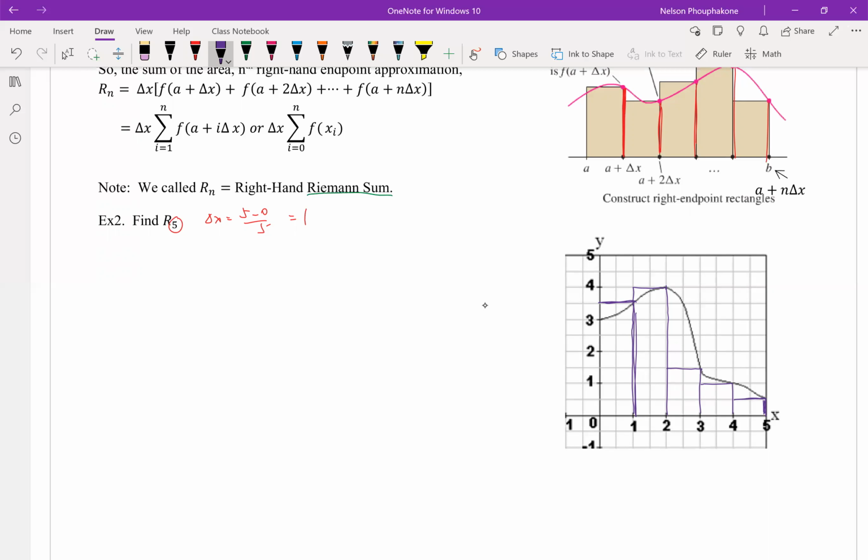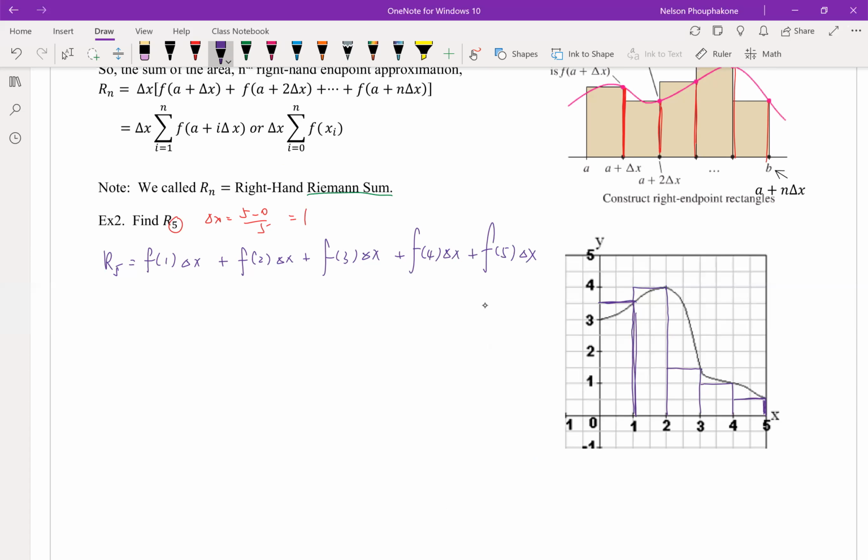Now, similarly, we would like to work on this problem. So I have R sub 5 is f of 1 times delta x plus f of 2 delta x plus f of 3 plus f of 4 plus f of 5 times delta x.